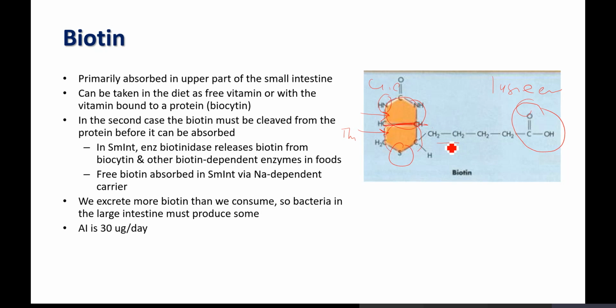Biotin is covalently bound to the epsilon amino group of lysine to form a compound called biocytin. This biocytin may be regarded as a coenzyme of biotin.